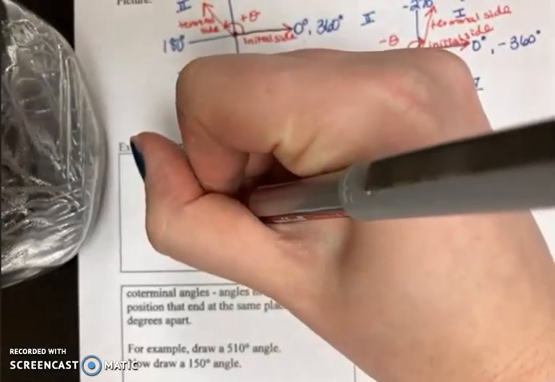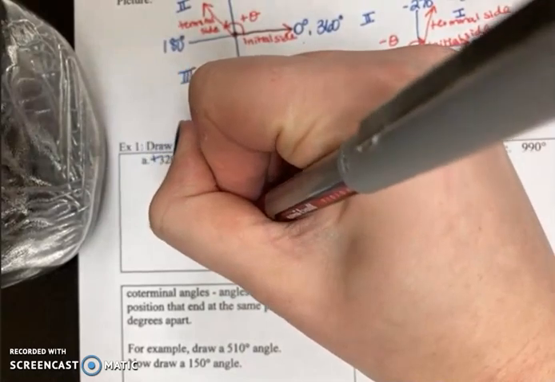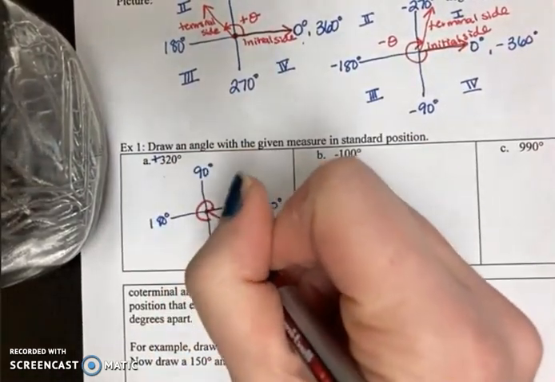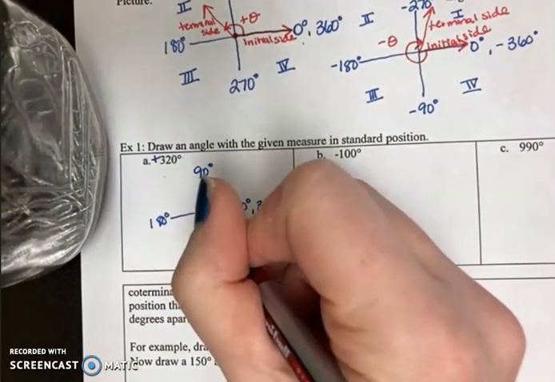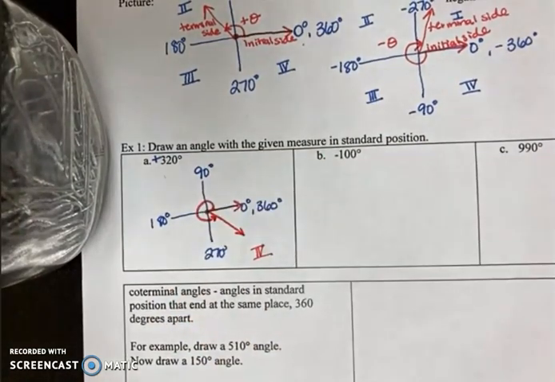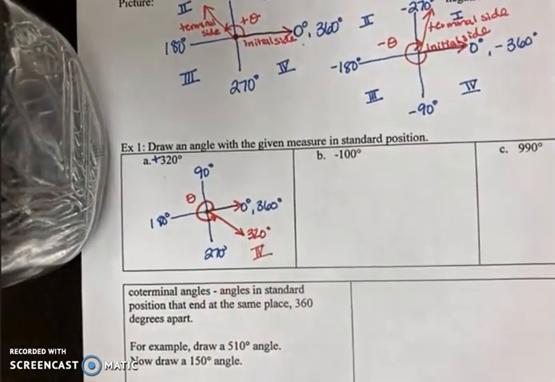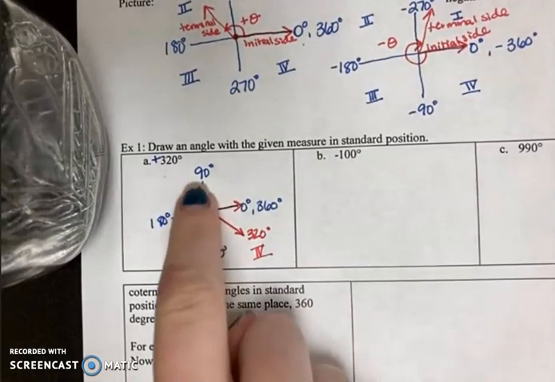So I'm going to try and draw what looks to be 40 degrees, so a little more than halfway to the 360. And there's my theta, 320 degrees right there. Okay, that's my theta.